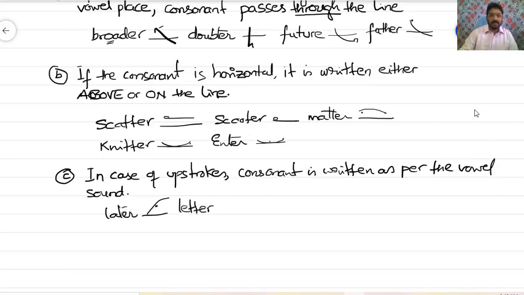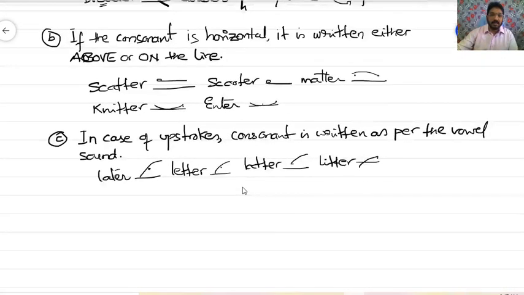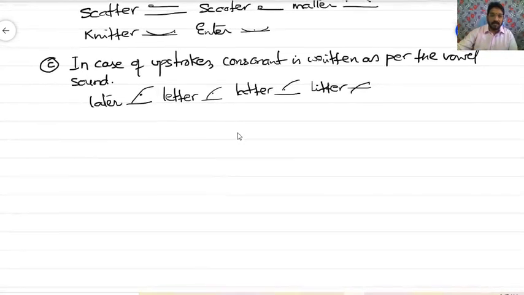Letter, same, light dot. Latter, L-A-T-T-E-R, former or latter, L doubled, first place. Litter, through the line, third place. So, if it is first place, above the line, second place, on the line, third place, through the line, in case of upstrokes.